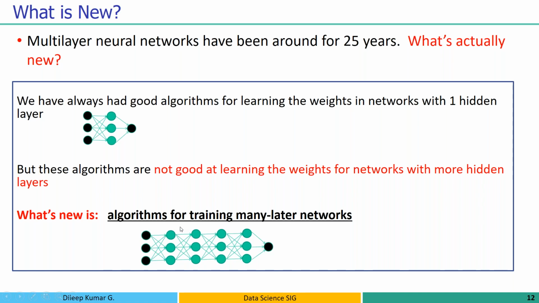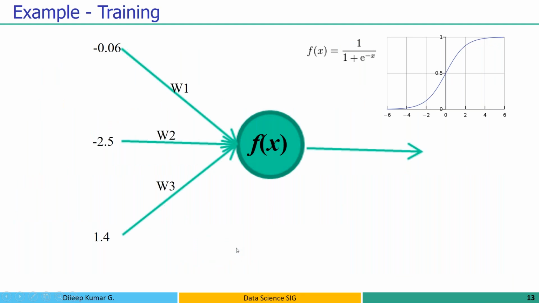So this is the figure you need to keep in mind. Between the input and output, you can have a set of layers. And here I just want to show you the drawback of this neural network. This is how the neural network works, and these are the inputs: minus 0.06, minus 2.5, and minus 1.4.